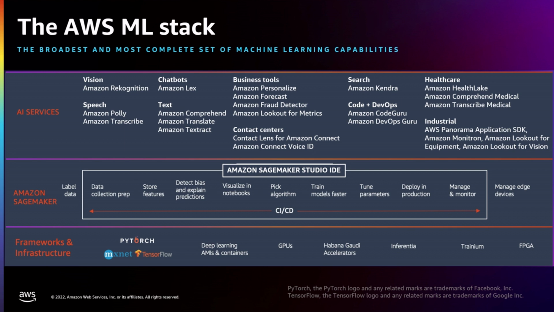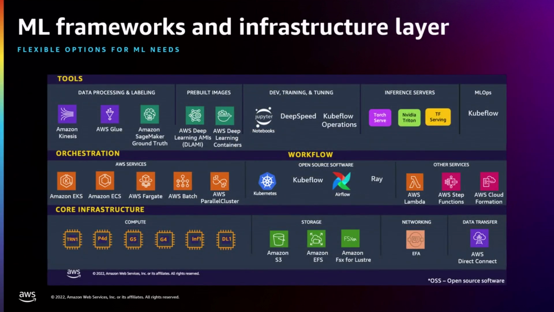The third class of customer is working at the frameworks and infrastructure layer, and that's where we'll be mainly focusing on today. Now, if I'm to double-click on the third layer of frameworks and infrastructure, that looks like this.